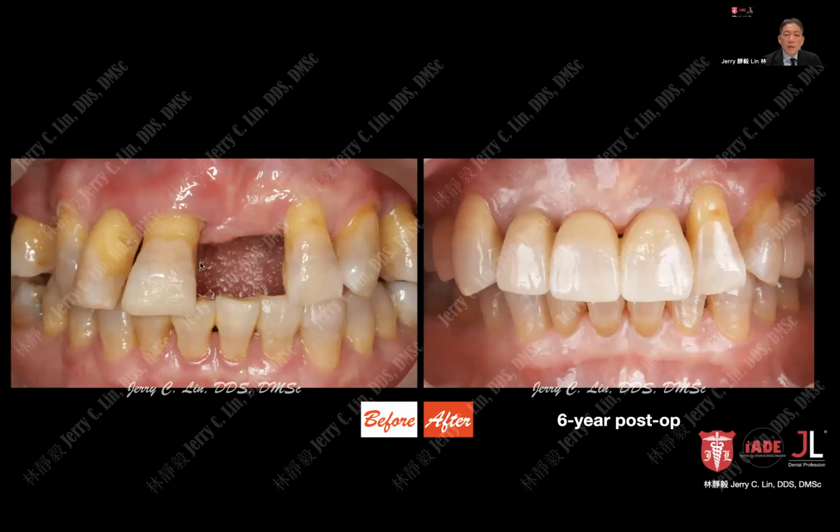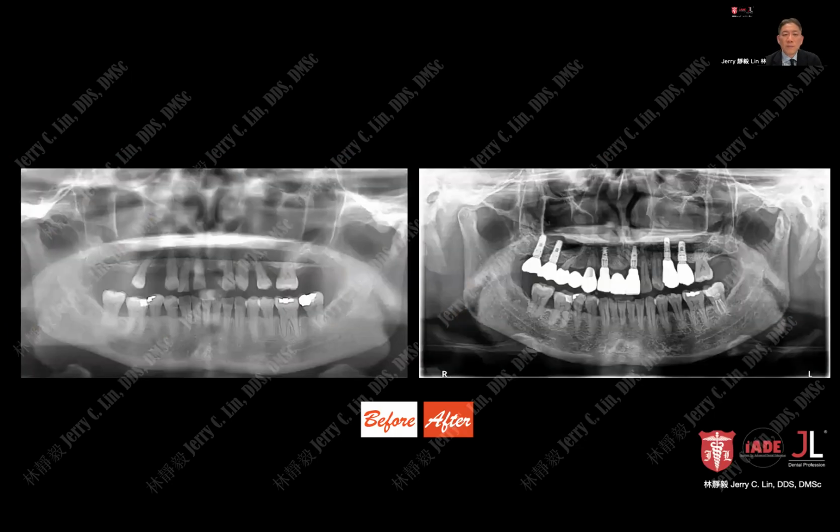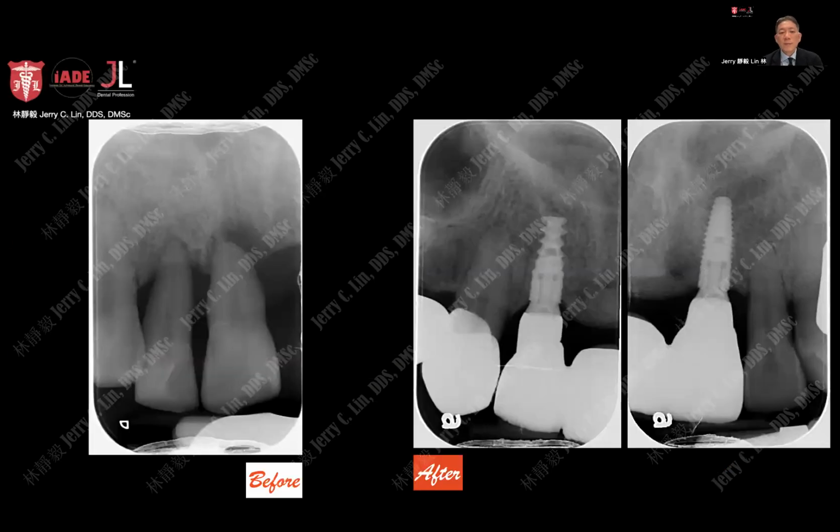So you can appreciate that we start with very compromised aesthetics and end up with a relatively aesthetic result. And of course, this is the reconstruction, the before and after. So we reconstruct the aesthetic zone and also give good vertical support.